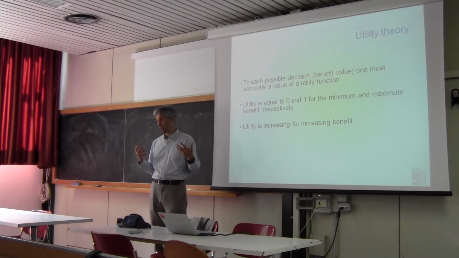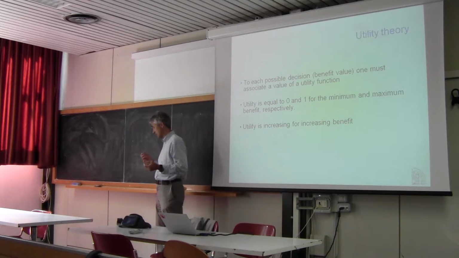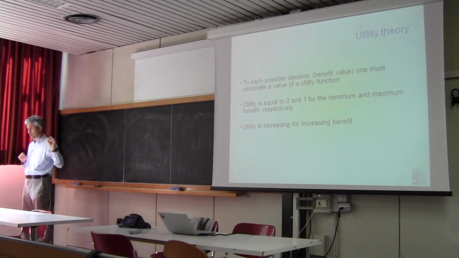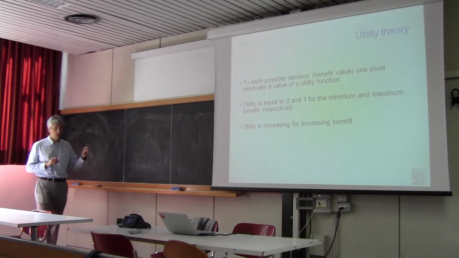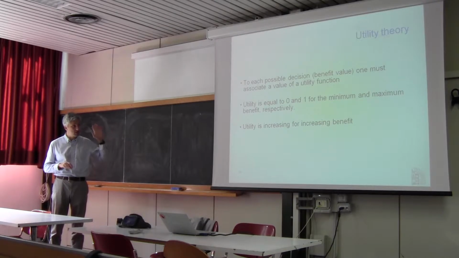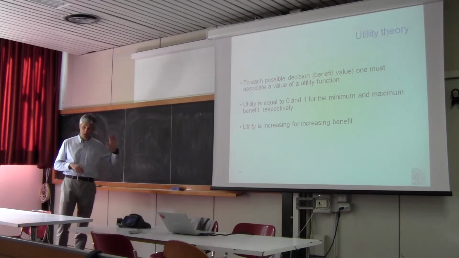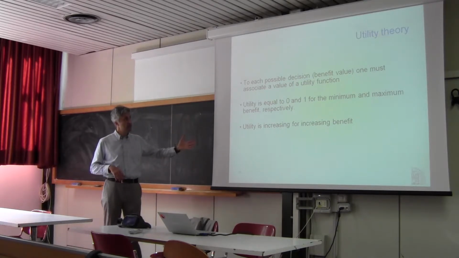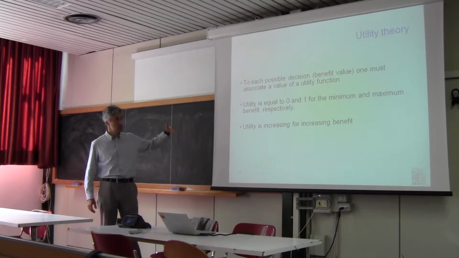This is a way of defining the utility function. Now, the utility function can also be defined in order to solve the problem of taking the most appropriate decision in the presence of uncertainty. Let's see how it can be used for this purpose. First of all, here again are the axioms, the conditions which the utility should satisfy.